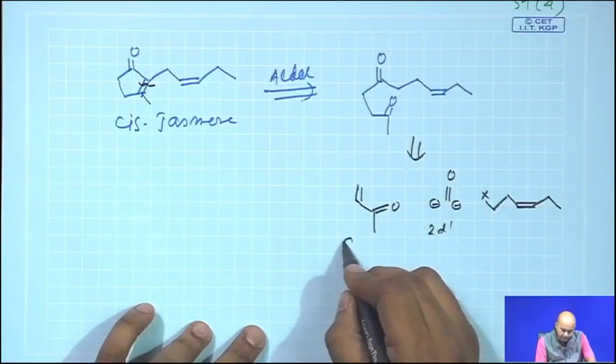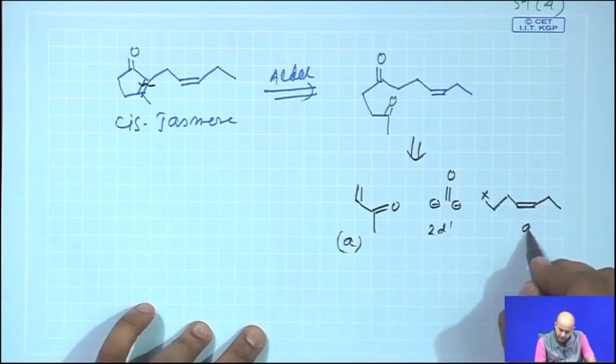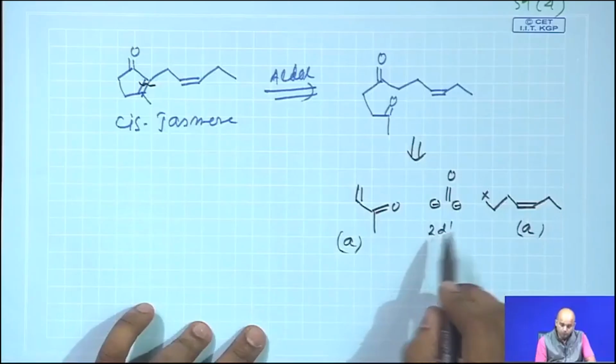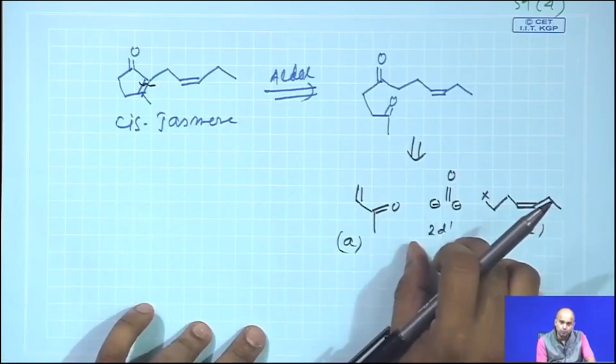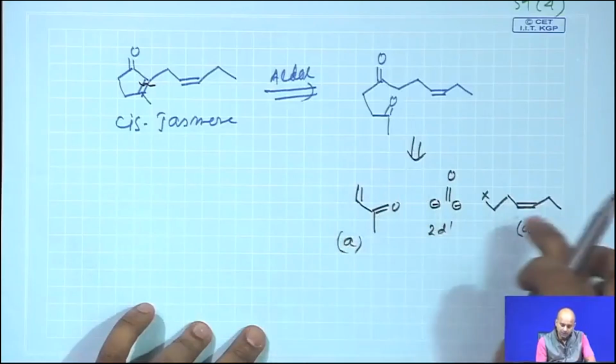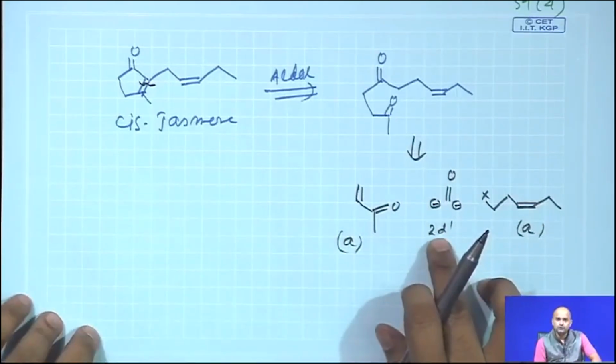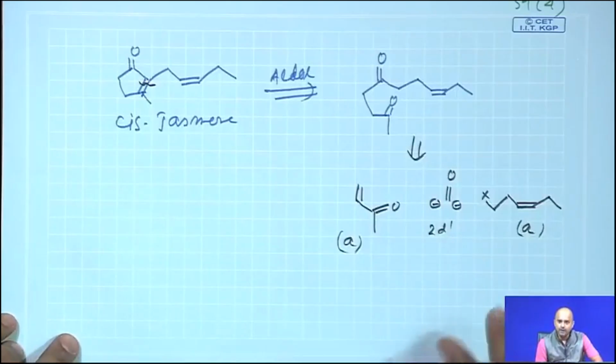So, this is your acceptor synthon, this is your donor, this is also an acceptor synthon. So, one synthon having two donor sites can react with one acceptor on the left hand and one acceptor on the right hand. Now, this kind of 2D1 synthon is already known as formaldehyde 1,3-dithiane.